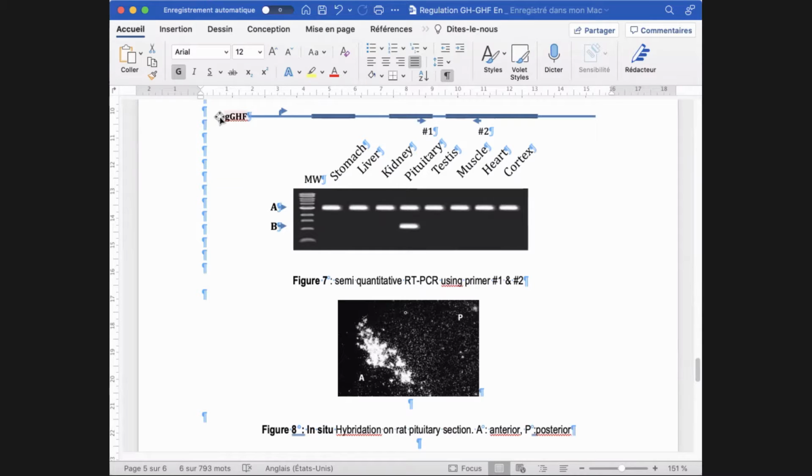On the top, you have a drawing of the structure of the genomic clone of the GHF. It's a very synthesized schematic, but what is important to see here is the promoter of the GHF. It's not the GH, it's GHF, the regulatory factor.